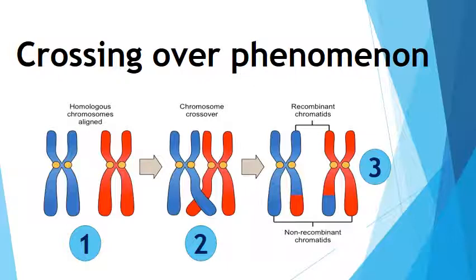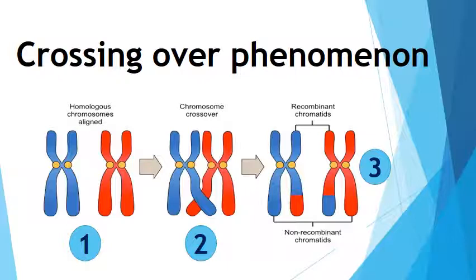Okay, so who can tell me what is the importance of crossing over phenomena now? Yeah, it is very important. Yes, it works on the variation, the differences, the diversity.